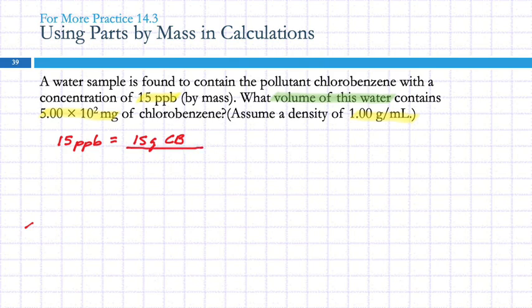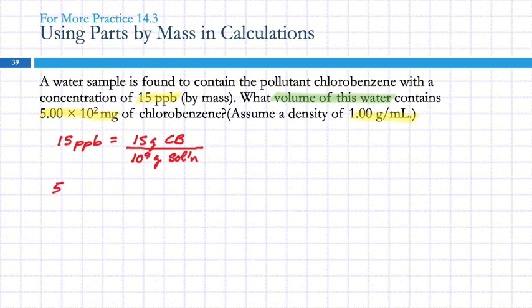Divided by a billion. A billion is 10 to the 9 grams of solution. This one's a little tricky because water is the solvent, but we're saying this is water that has this concentration in it. So I'm going to say solution.